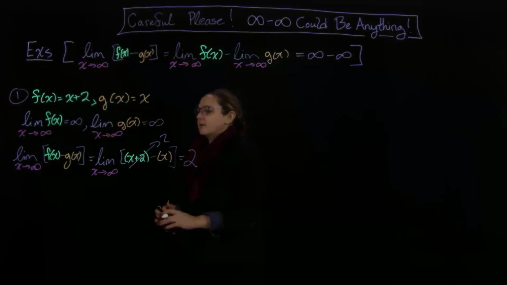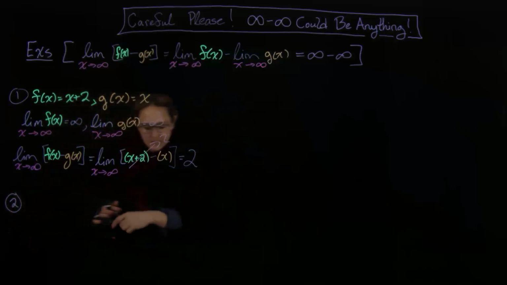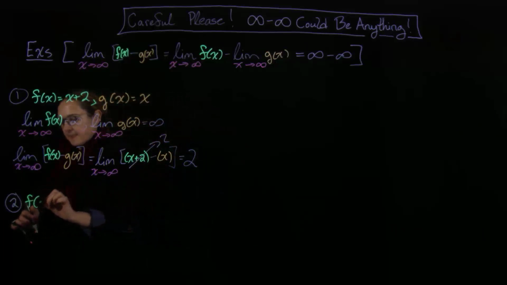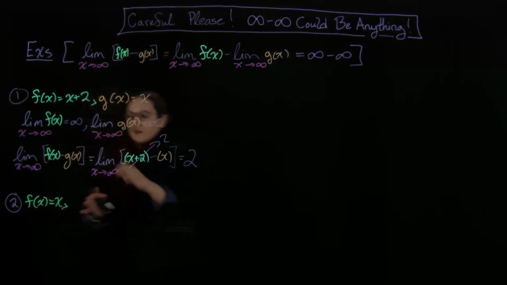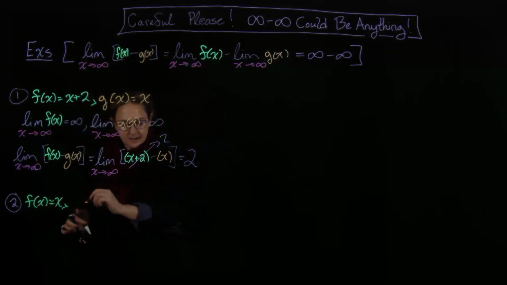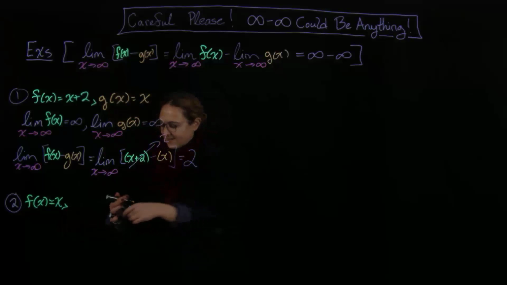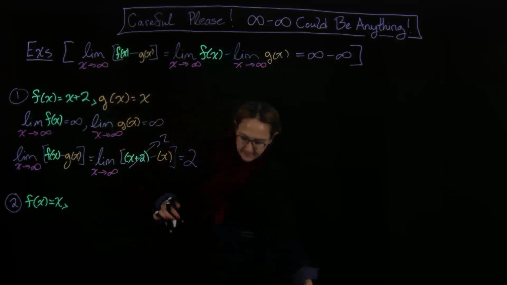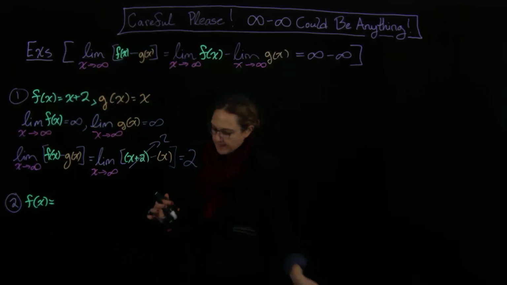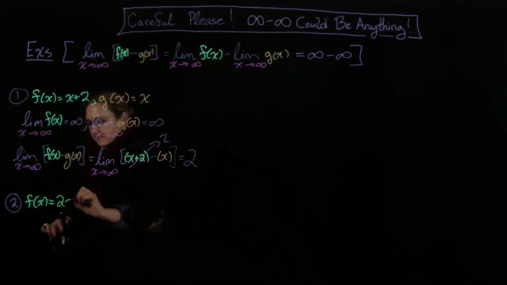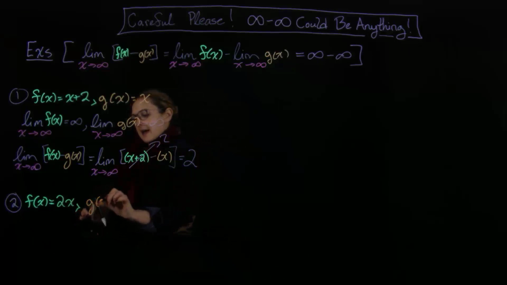The next one: if I have f of x equals 2x, and then g of x equals x.